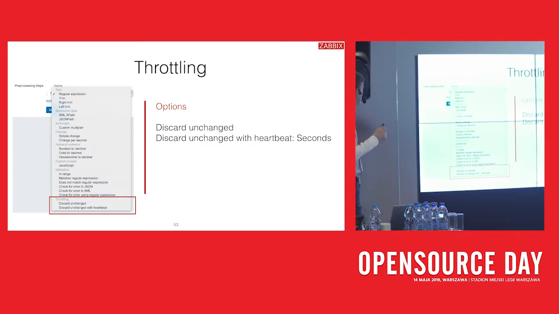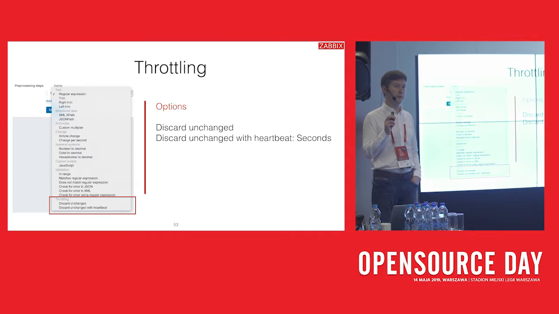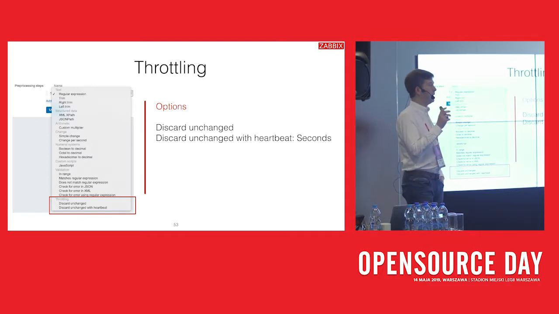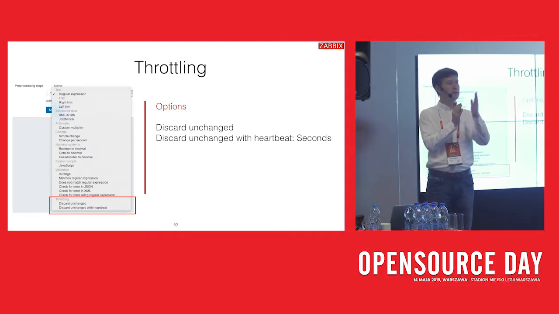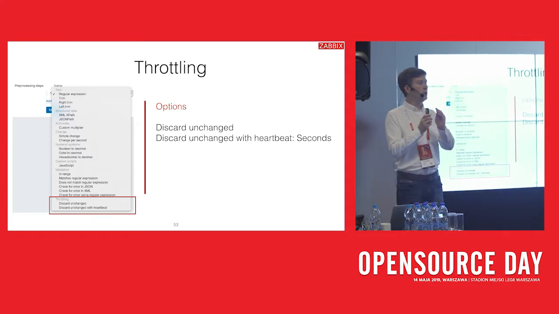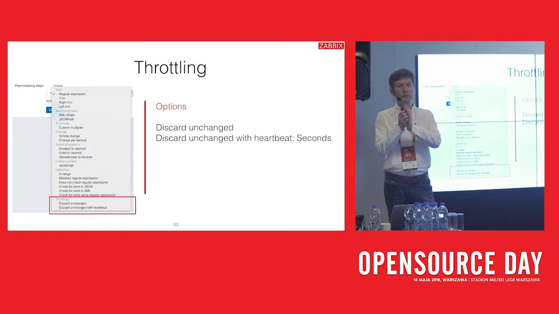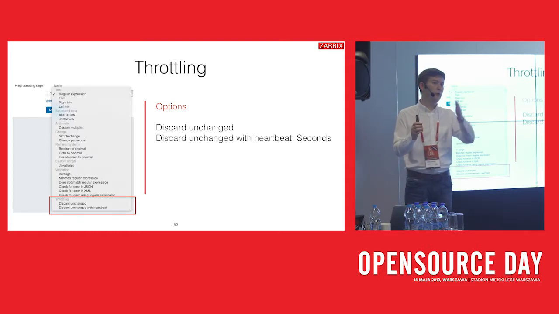Throttling, it's another super nice functionality. What is throttling? Throttling is about skipping repeating values. Okay? If you check the state of your application and it always returns 1, okay, it runs. So it means that you will receive, well, basically 1 all the time.